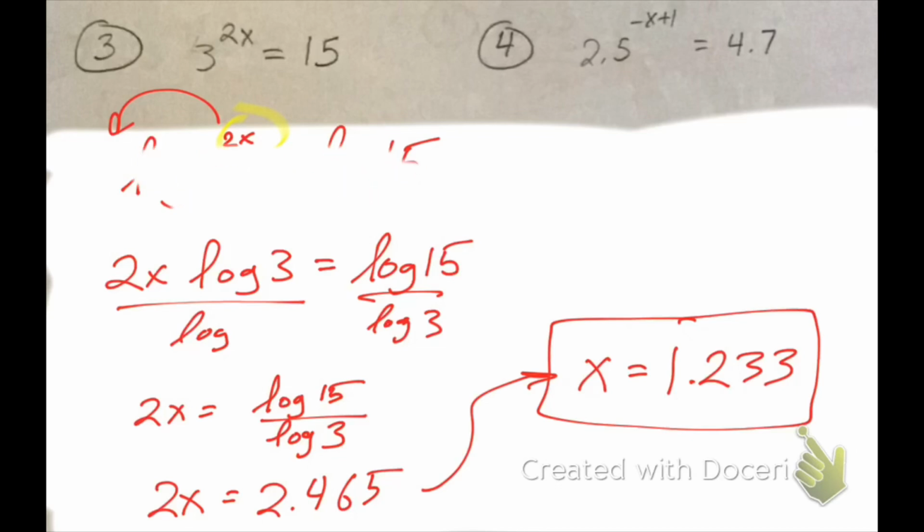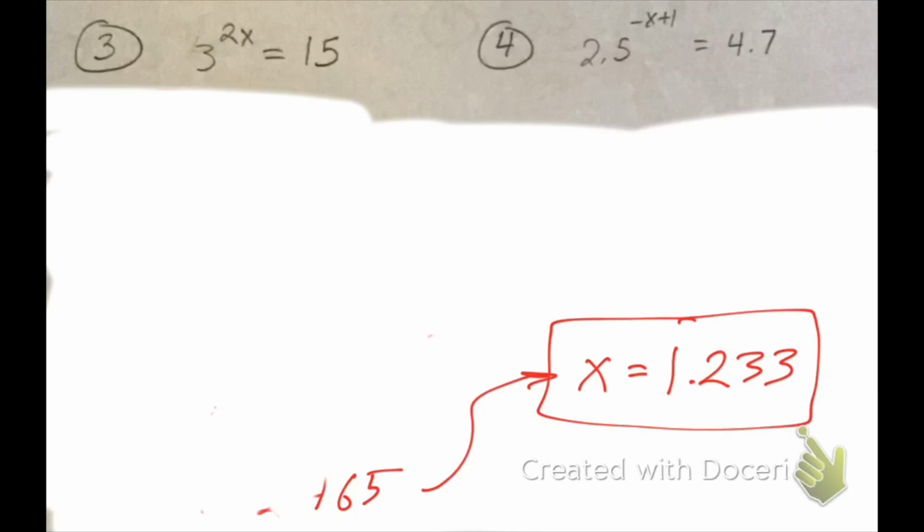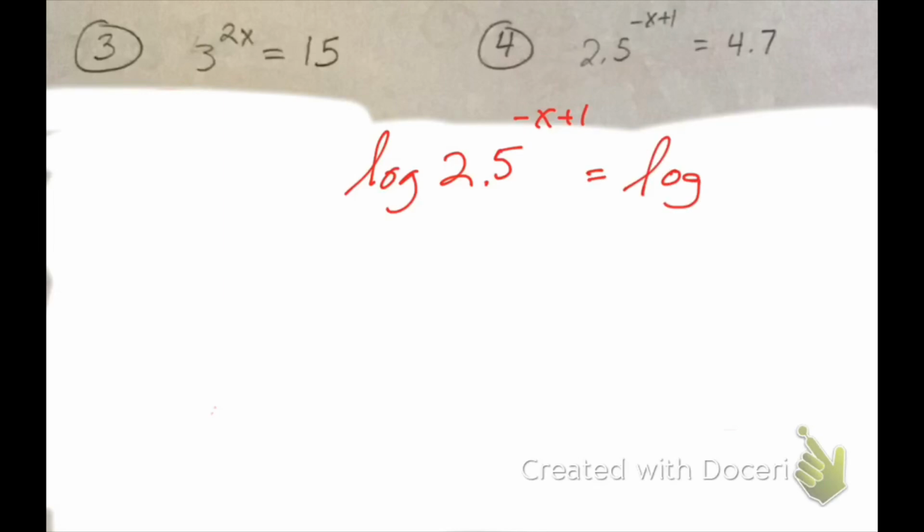Alright, let's look at number 4. Number 4 is pretty similar to the one that we just did. I'm going to take the log of 2.5 raised to the negative x plus 1 equals, and log the other side as well. I get log of 4.7.